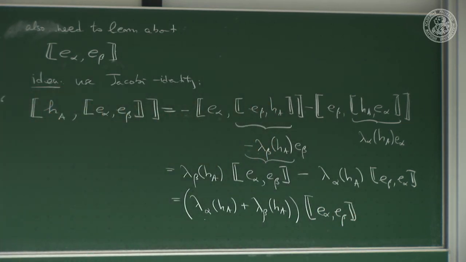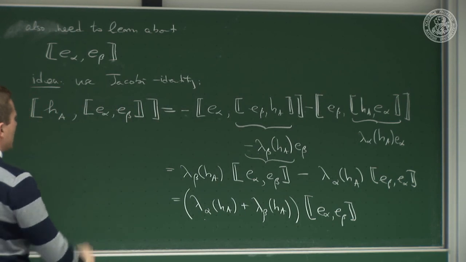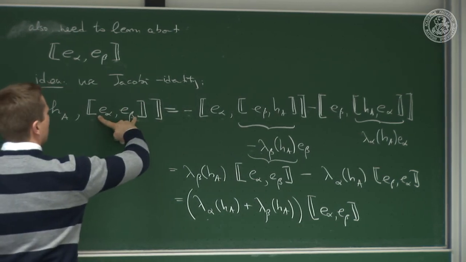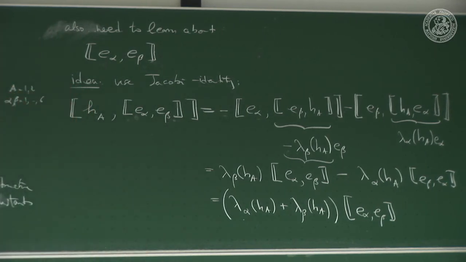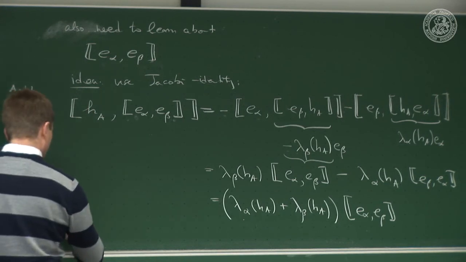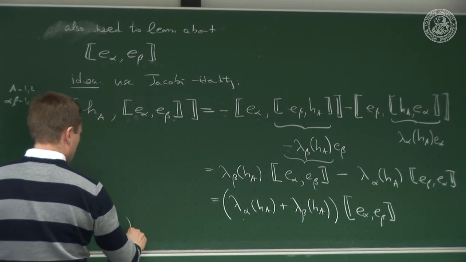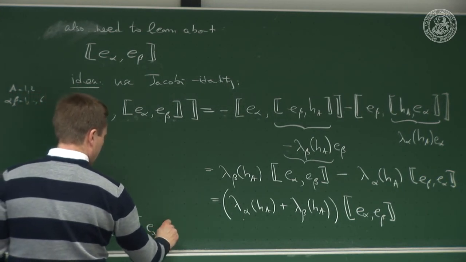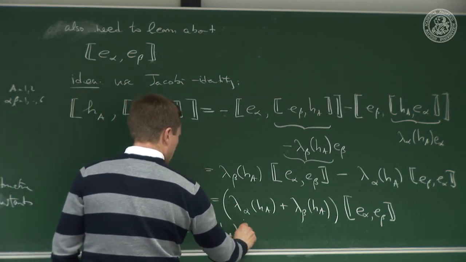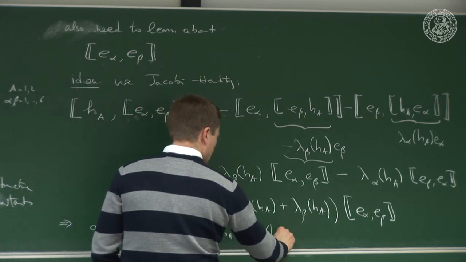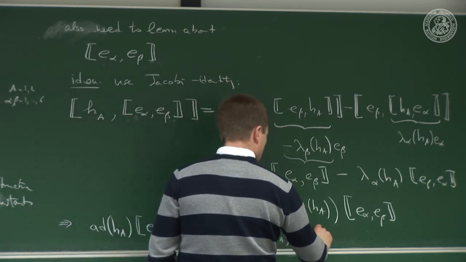Okay, so what does that tell us? Well, that tells us that this bracket [E_alpha, E_beta] is also an eigenvector of the H_A. But if this is an eigenvector, okay, well, so therefore we have that ad H_A acting on this commutator [E_alpha, E_beta] is lambda_alpha(H_A) plus lambda_beta(H_A) times [E_alpha, E_beta].